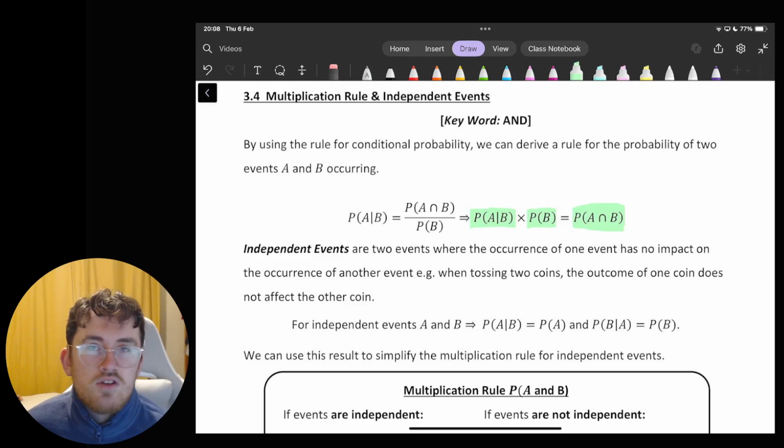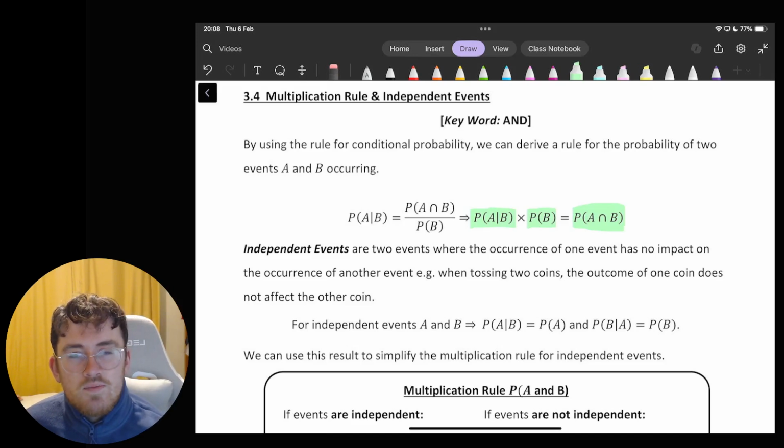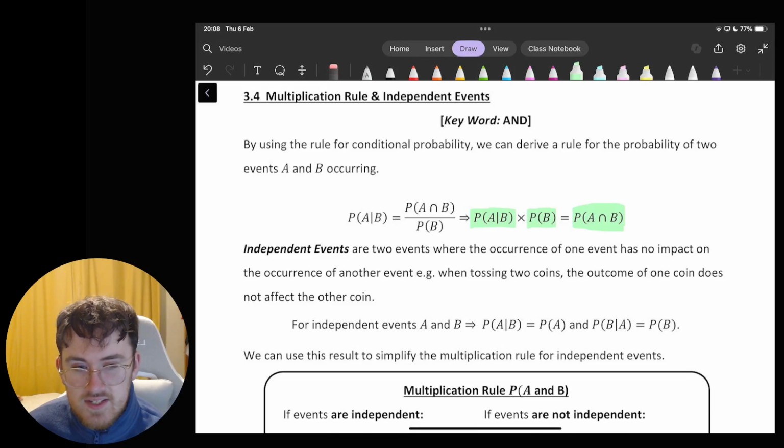What we need to consider though is, will there always be a case that I'll have 2 events where the probability of one event happening given another event actually has some bearing? What I'm alluding to are independent events. Think of the meaning of the word, like it stands on its own.